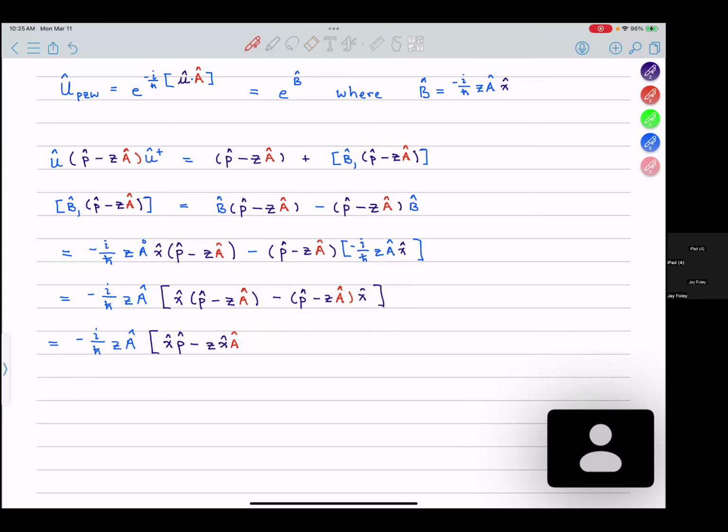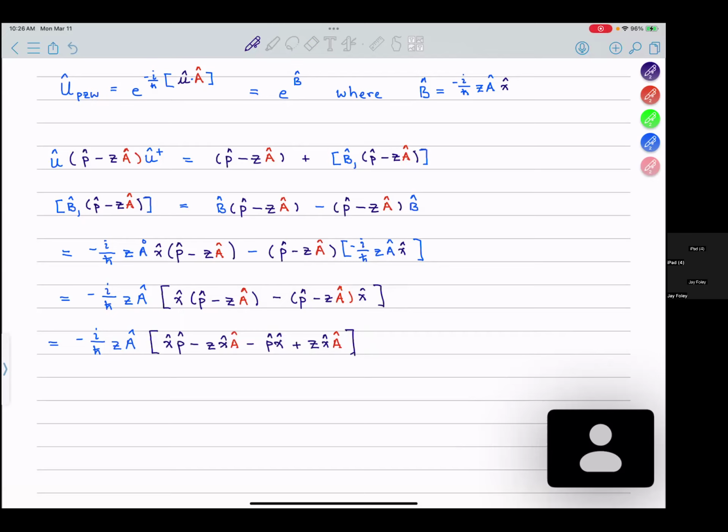minus p hat x hat, plus z x hat a hat. Okay, so now I just want to quickly remark that I have not worried about the order of x hat and a hat.